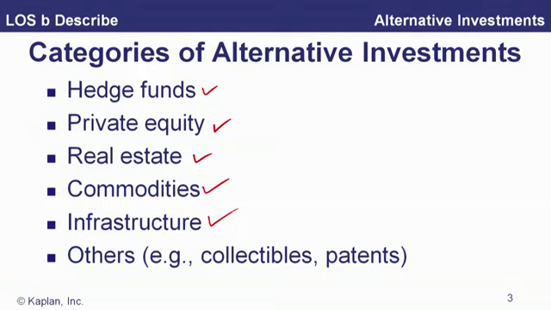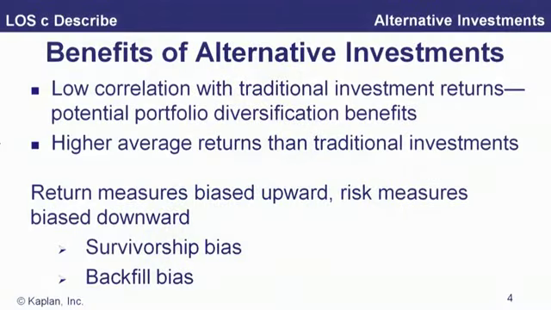And then we've got a big category called others: collectibles, your wine cellar, your Picassos on the wall, patents, things like this, that we'll put in the final category of alternative investments.